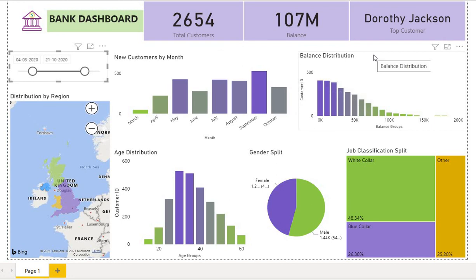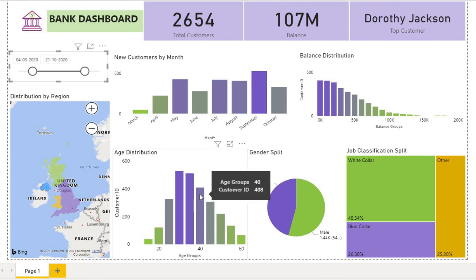Furthermore, for the balance distribution, there is again an inverse proportionality between the number of customers and the balance group. For the age distribution, we can see from the graph that the people ranging from the age groups of 30 till 40 are more.